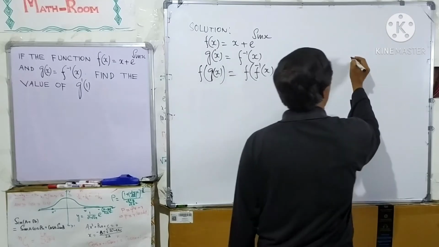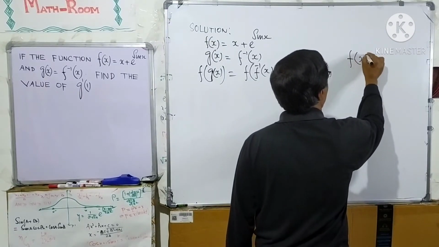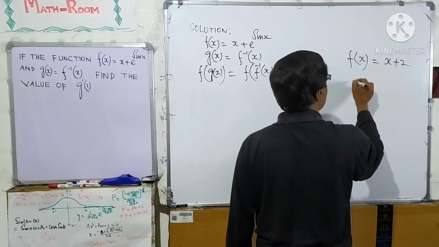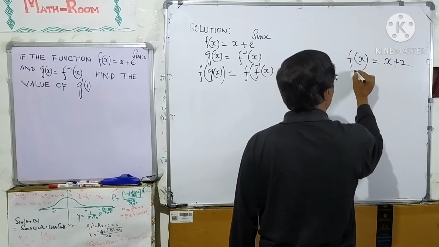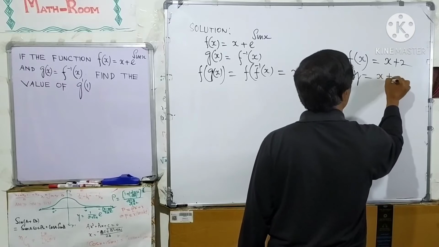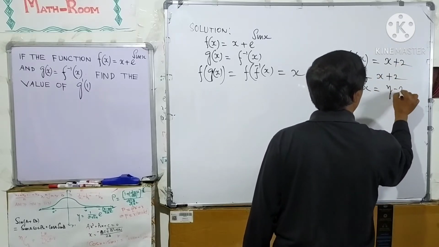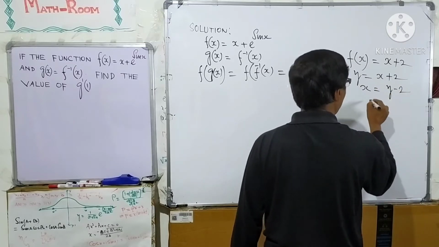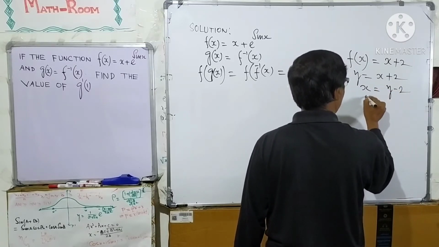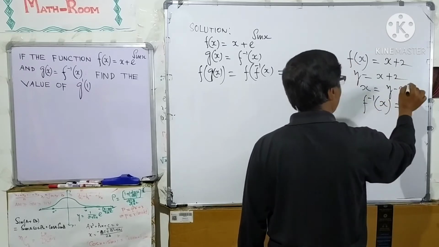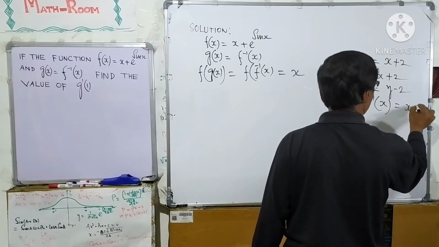For example, if f(x) equals x plus 2, then its inverse function is, y equal to x plus 2, x equal to y minus 2, that is f inverse x equals x minus 2.